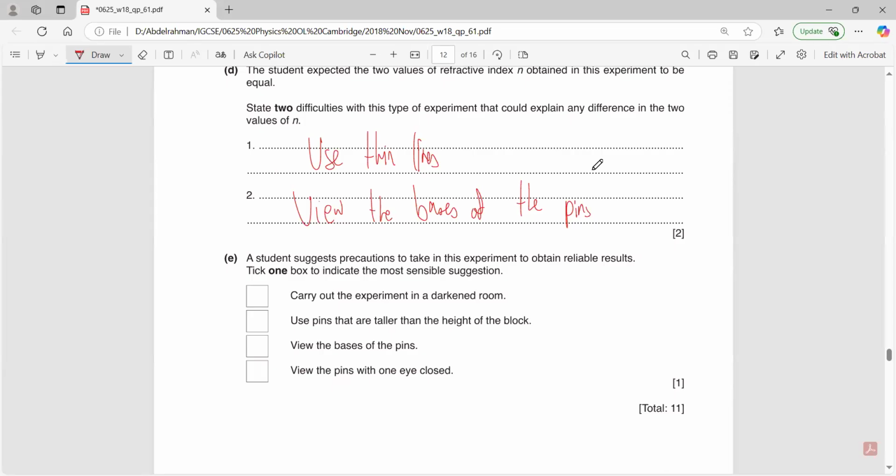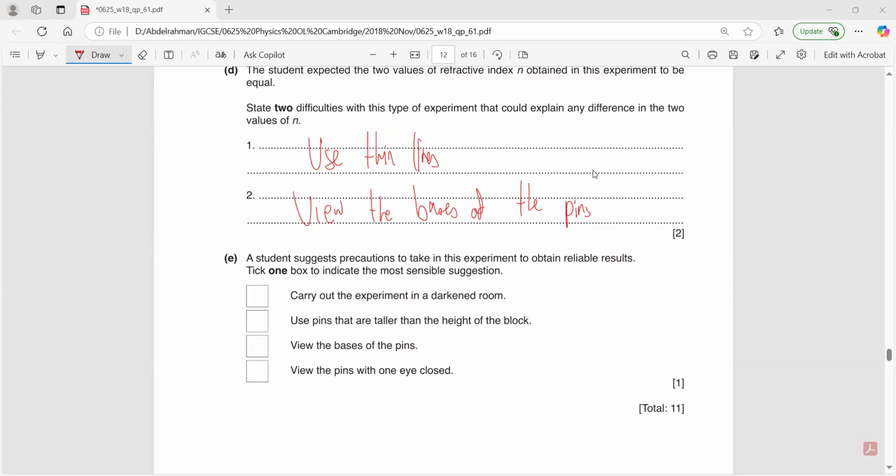Someone's saying viewing the bases of the pins is like taking the reading perpendicularly, but for this experiment we say view the bases of the pins. Can I say the normal has to be 90 degrees? It's not wrong, because you can say that you need to draw accurate lines.